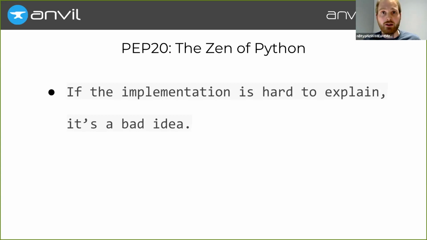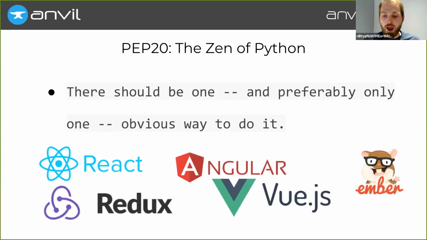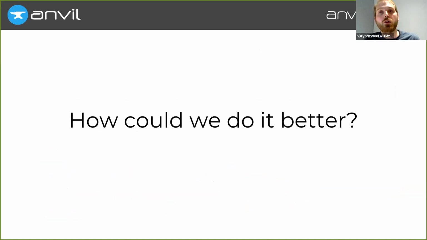I mean, I have a rough idea, but how that implementation works, ugh. Here's a famous one. There should be one, and preferably only one, obvious way to do it. Hoo boy! So, okay, the web is pretty un-Pythonic in ways that make it hard to program. So how could we do it better?